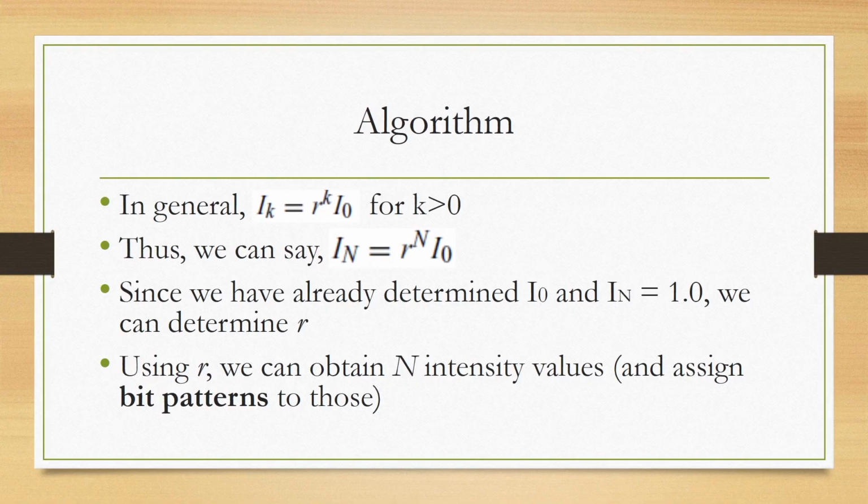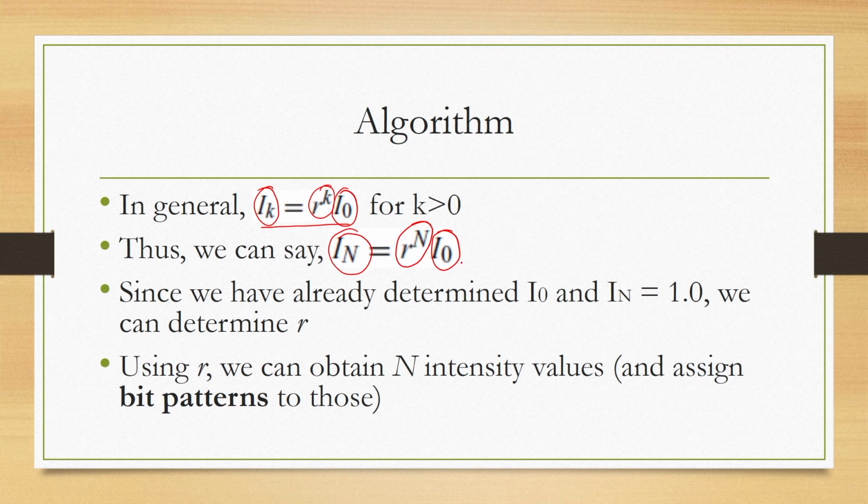So, in general we can say that this equation holds, that is Ik is equal to R to the power k times I0, where I0 is the minimum intensity, for k greater than 0. Going along this line, we can say In is equal to R to the power n times I0.